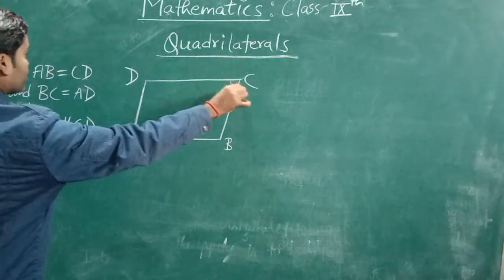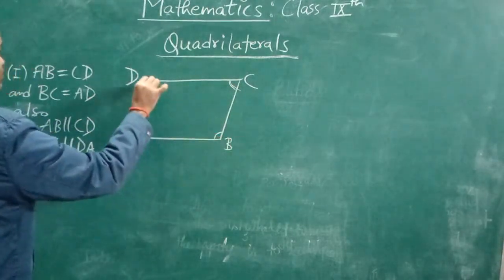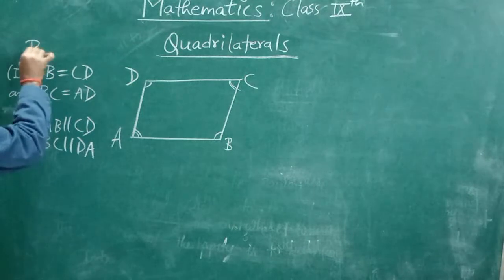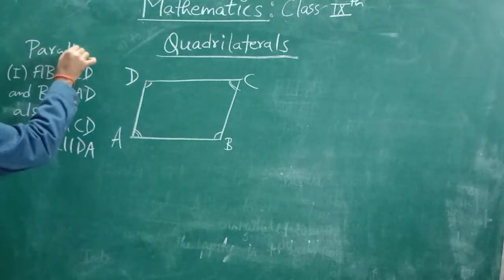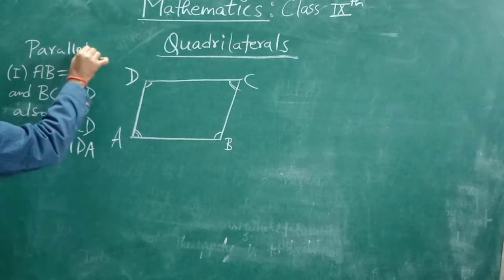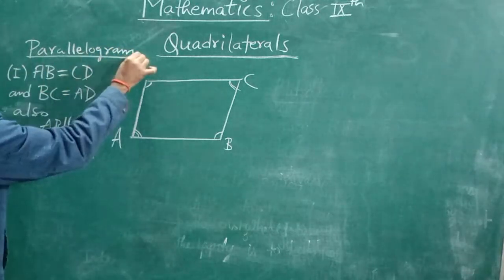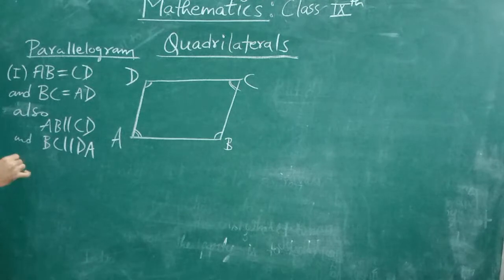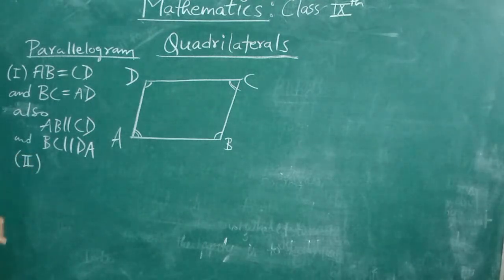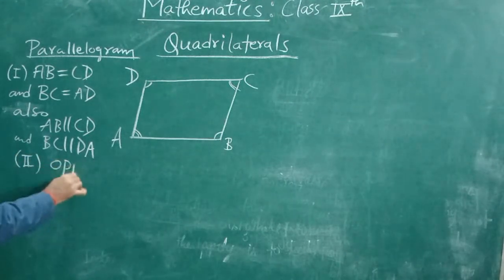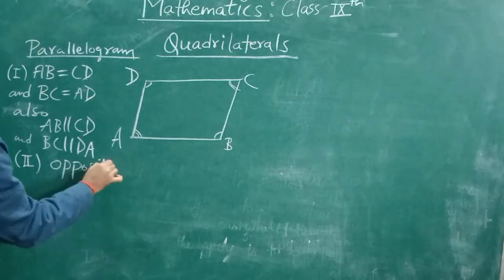Opposite angles are also equal. In case of parallelogram, opposite angles are also equal. So the second property is that opposite angles are equal. Just write down.